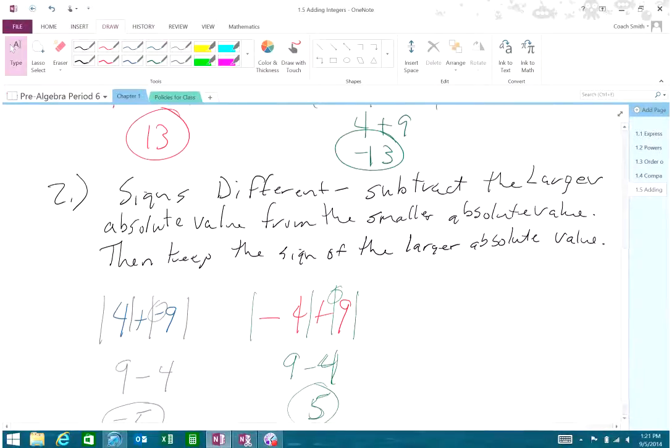And I think I said that backwards up here. So change this to smaller, and this one down here to larger.